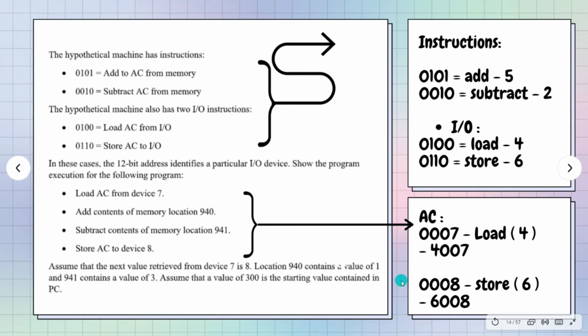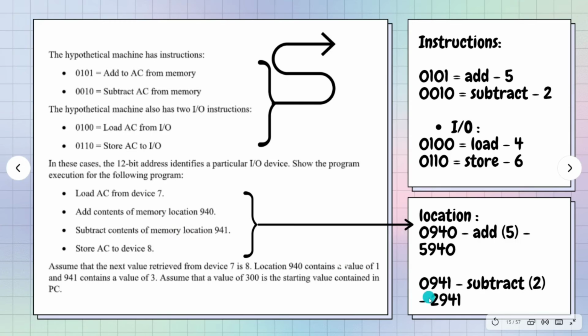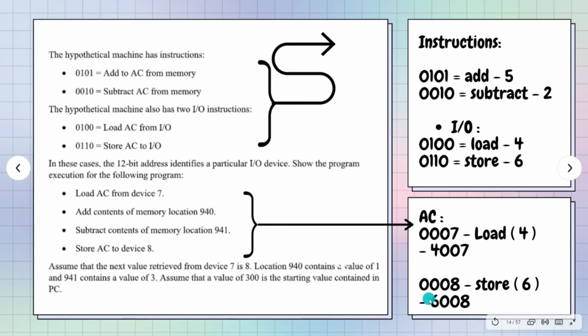As we mentioned before, we have 4 digits, so the first digit is for the instruction, which is going to be 5. So 5940. The subtraction is the same, and for the store it's going to be like the load but with a different instruction.